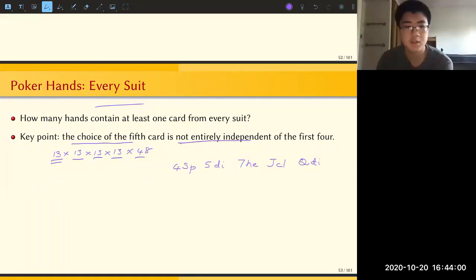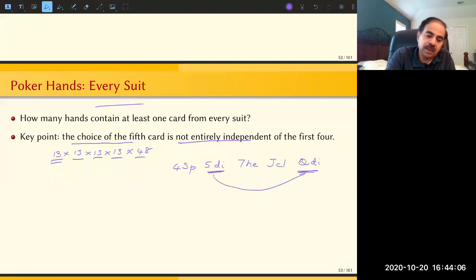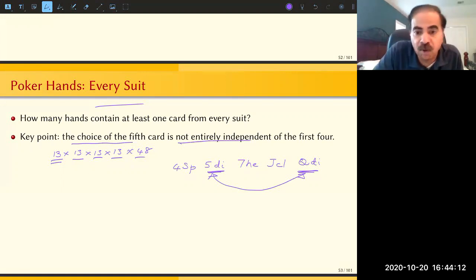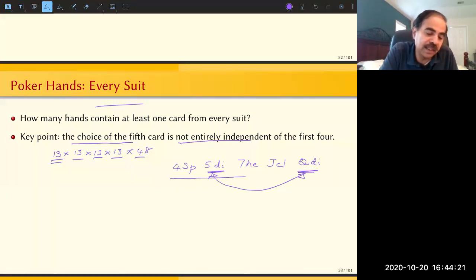The diamonds are, since order doesn't matter, the diamonds are counted twice. Right, so the 5th one obviously must have the same suit as one of the other 4, right? And so among the 2 that have the same suit, you can't tell whether that particular card should be considered part of the first 4 or should it be the last card, right?